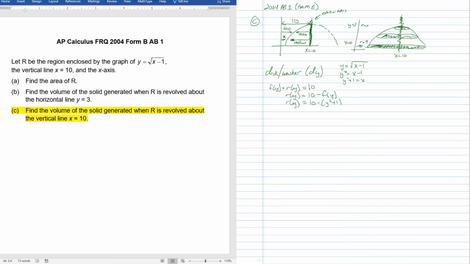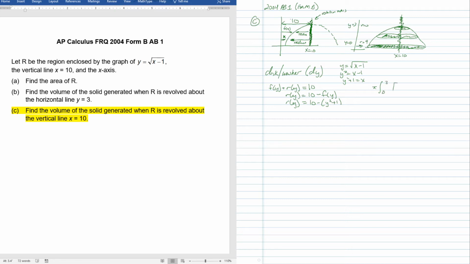So, if I am setting up this particular problem, let's try this again. The integral goes from pi. Now remember, this is a dy problem, so it's 0 to 3.